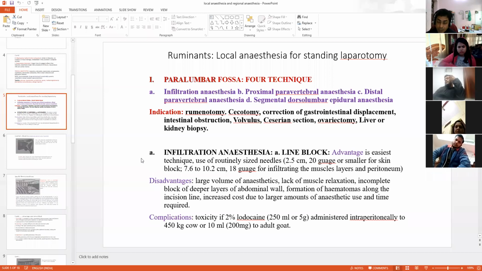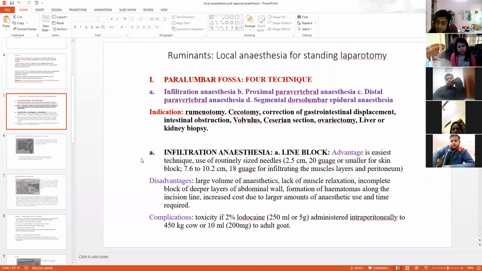Formation of hematoma along the incision line: if you insert the needle, sometimes bleeding and hematoma are noticed over that particular line. Increased cost due to the larger amount of anesthetic used and the time required. Complications I have already discussed. Toxicity of lignocaine is there.